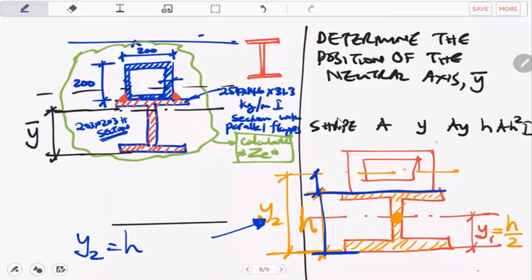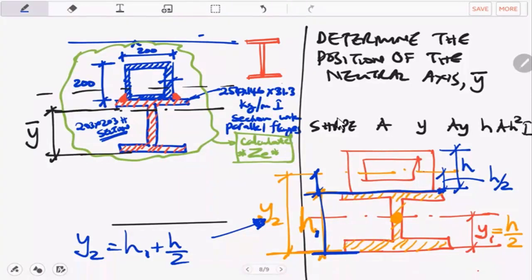Because this is a square, the height of this square is h, so the distance to the centroid of that square is going to be h over 2. Is that clear? So y2 is going to be h1 plus h over 2. Is it making sense, to get the overall distance of y2?